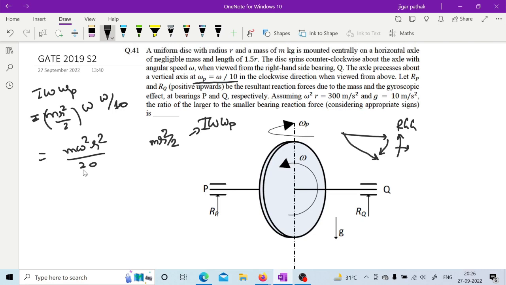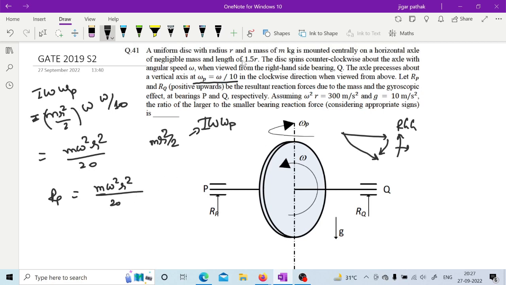So once you get this, reaction force at this bearing due to this particular gyroscopic couple will be this Rp, let us say, right? That will be this couple divided by the distance, that is 1.5 r.